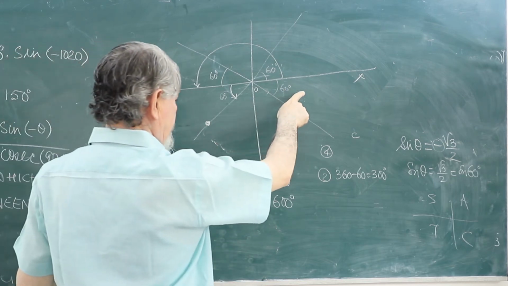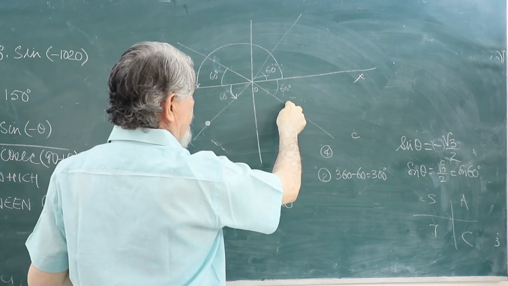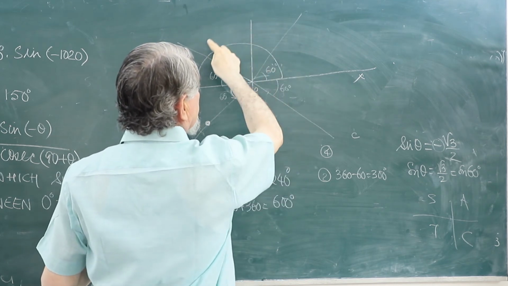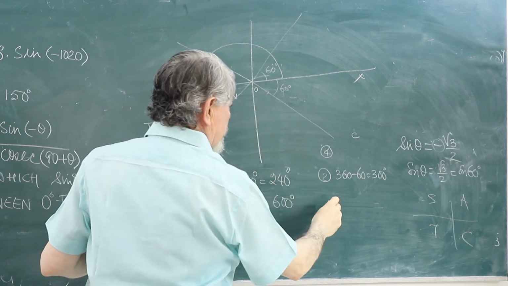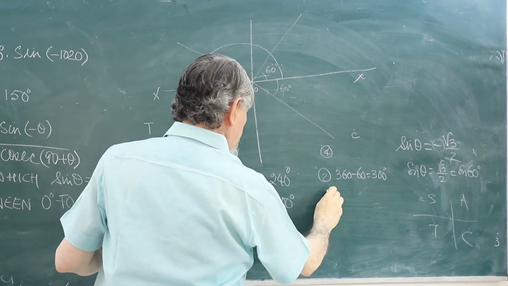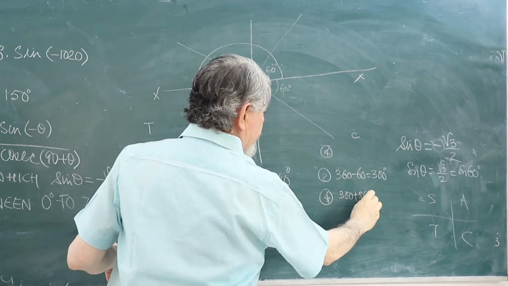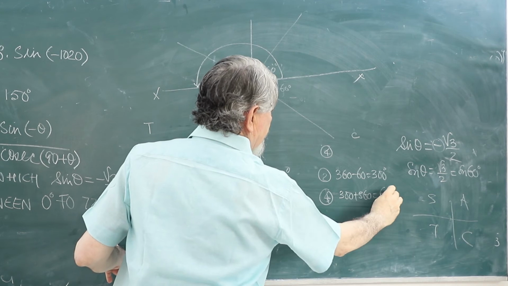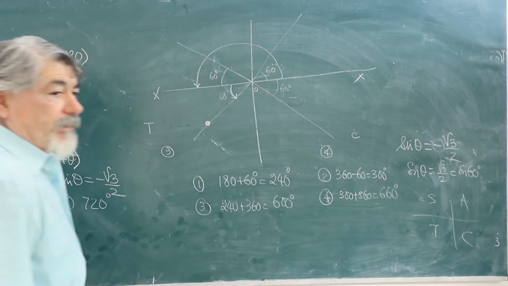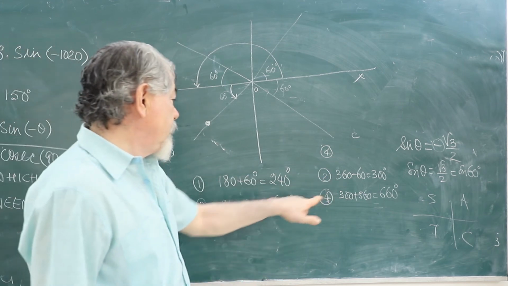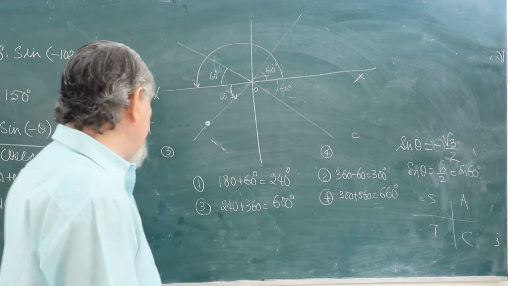Now here it is 300. Again I take a complete round here. So 300 plus 360 will be 660. I can get 660. I got 240, 300, 600, 660.